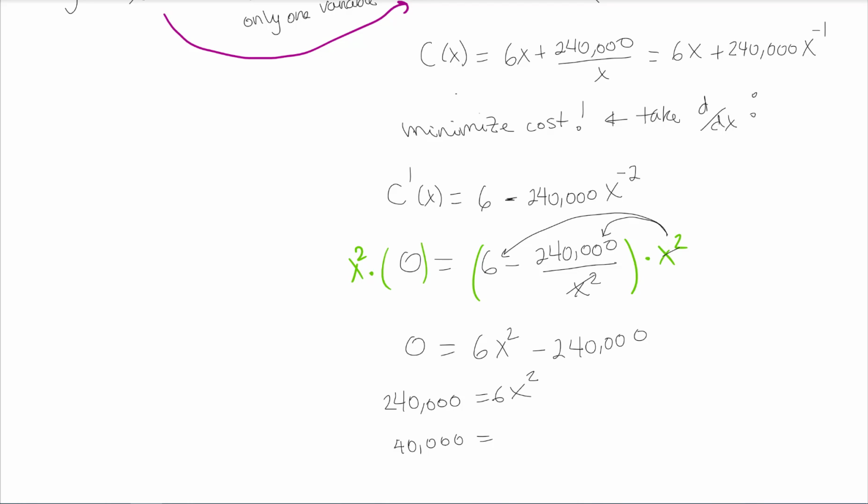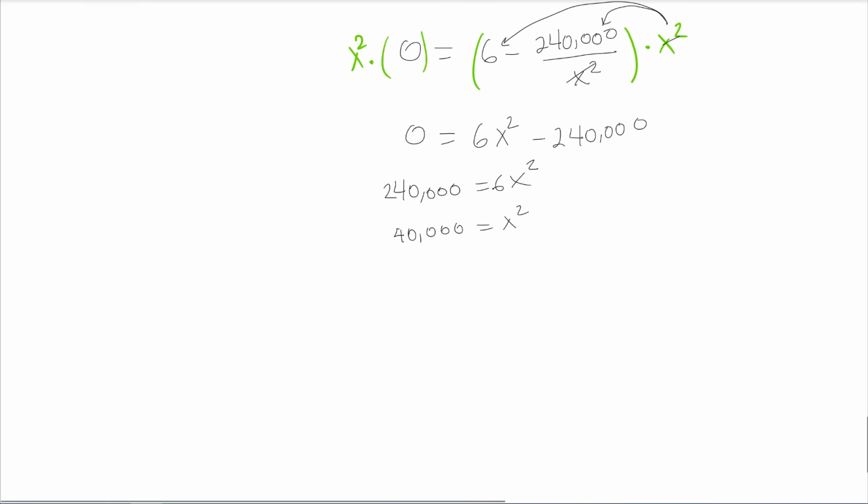Quick way to do that is just take 24 divided by 6. That's 4, and so you get the zeros still in there. And take the square root of that. So x is going to be the square root of 40,000, which is 200. Plus or minus 200.